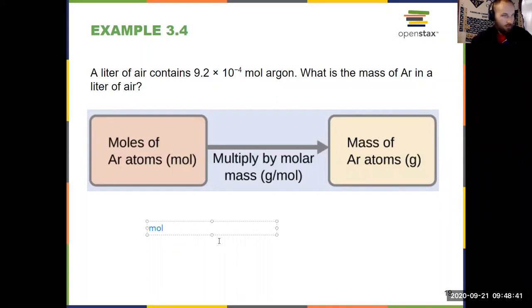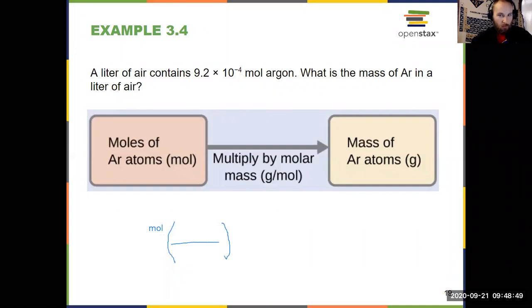So if I set my conversion factor up right, I want moles to go away. So it started in the numerator, now it's in the denominator, and I want to convert it to grams. I can do that. I can always relate grams to moles. Okay? Now I just have to put my numbers in the right place.